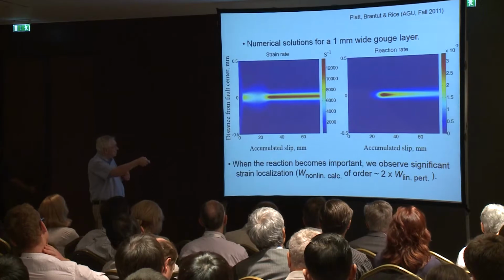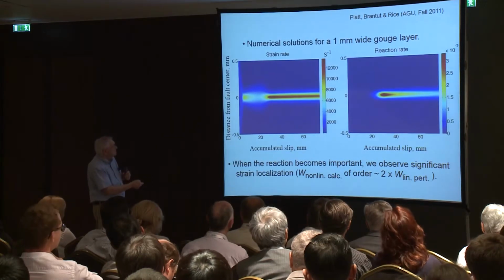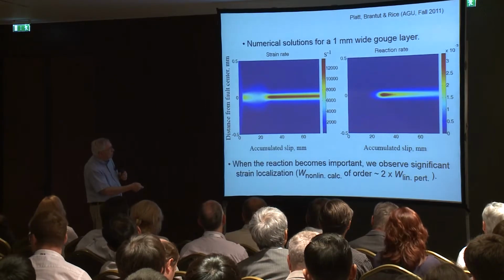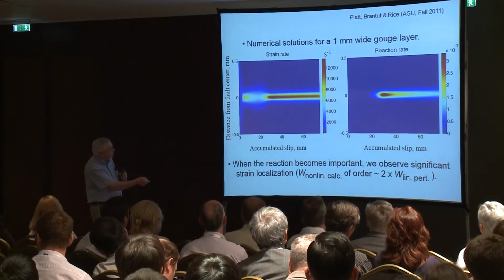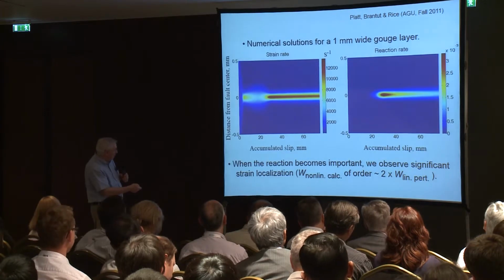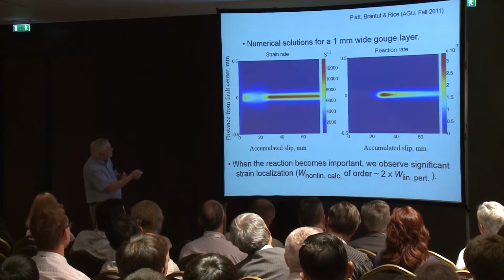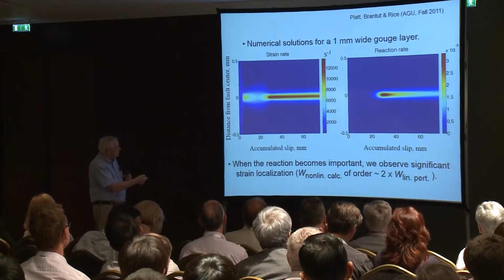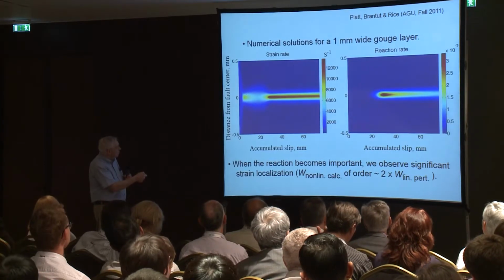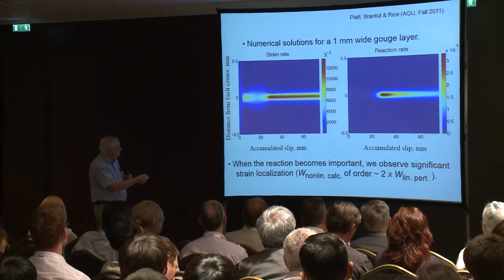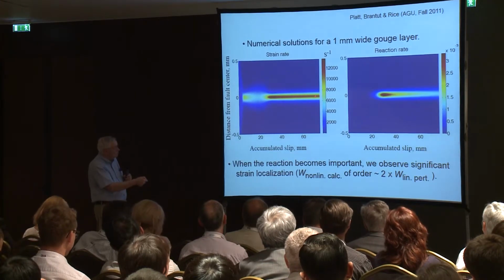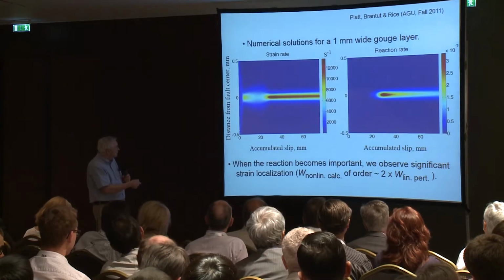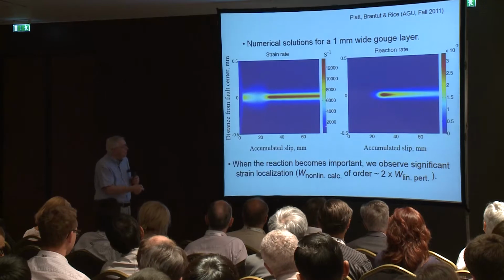The fault zone is horizontal, and you can see plotted here the different thermal parameters, the reaction rate on the right, and on the left is the strain rate. So you see that, as you would expect, the strain rate is initially diffuse but becomes highly localized due to all this weakening. Everything is happening in an extremely thin zone. Again, that's 1 millimeter scale.